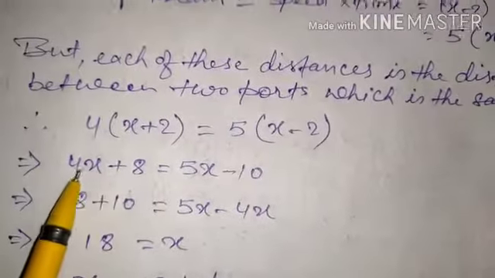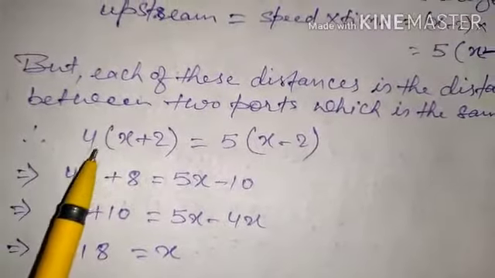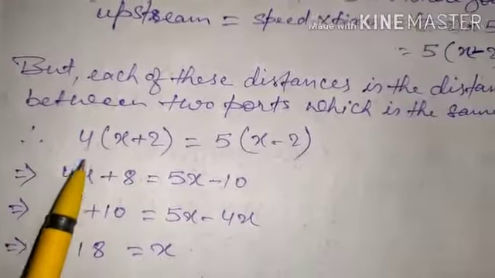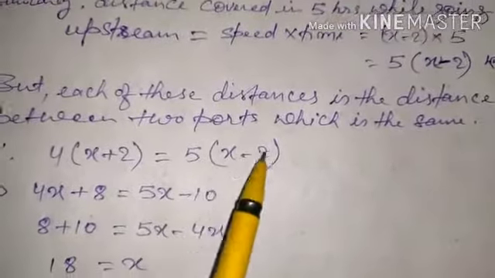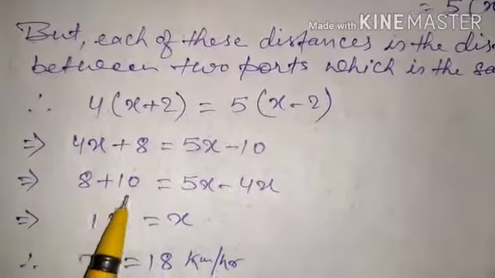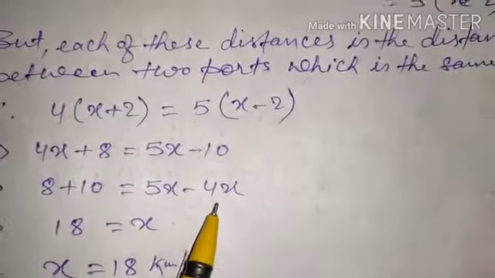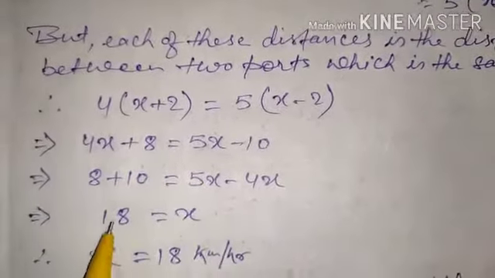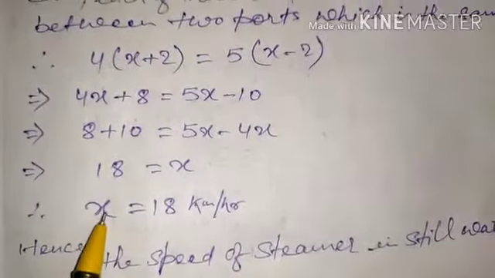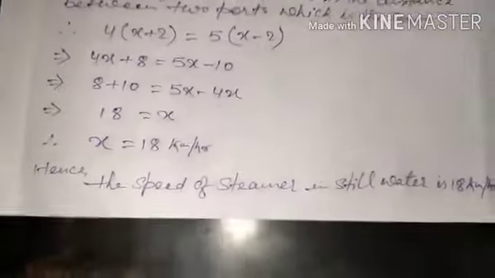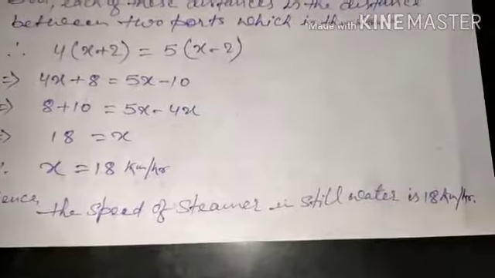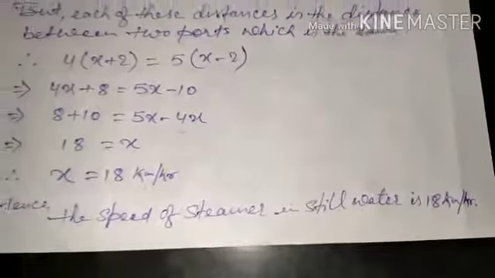Now solve the equation, do the multiplication. 4 into x is 4x, 4 into 2 is 8. 5 into x is 5x, and 5 into 2 is minus 10. Bring the constants together, bring the variables together. 8 plus 10, and 5x minus 4x. If you reverse it, you will get x is equal to 18 km/h. So we have got the speed of the steamer in still water, that is 18 km/h.